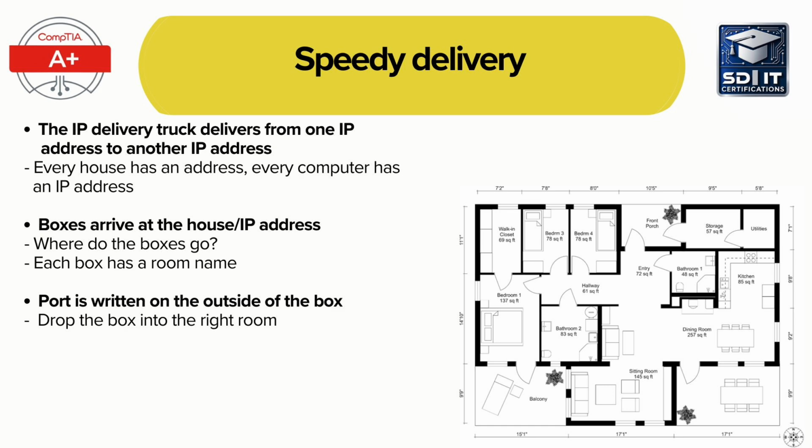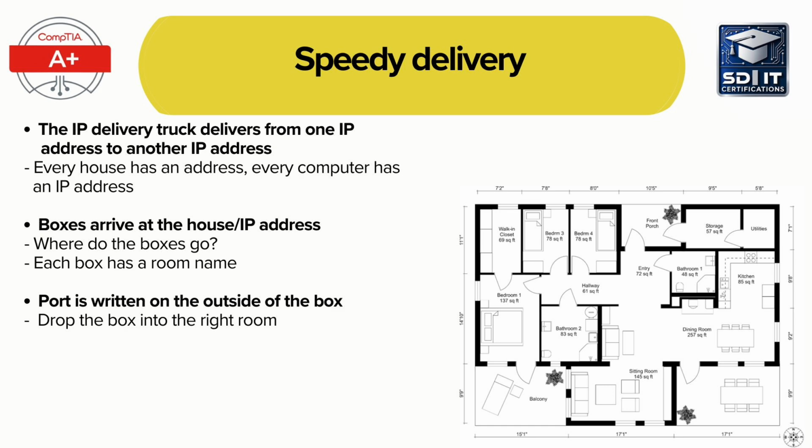The operating system is sitting outside of your house, and it's looking at all of the boxes that are coming in from the moving truck. Each box has the name of the room written on it, and it knows that that box should go to the bedroom. Another box perhaps goes to the living room. There might be a third box that goes to the kitchen.